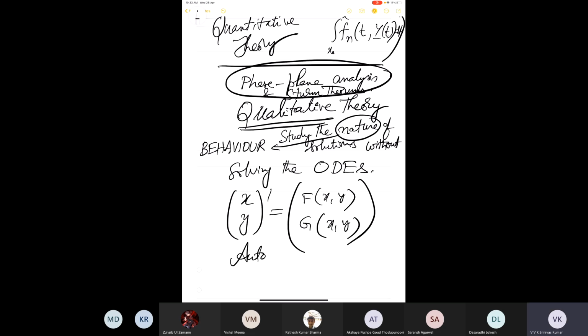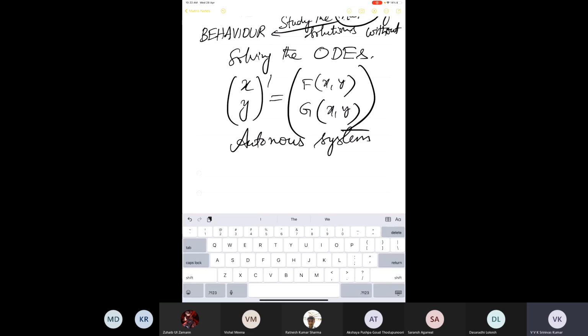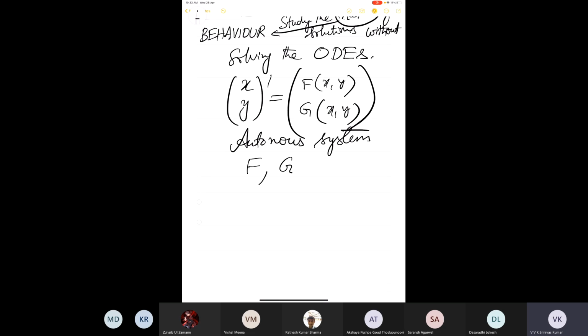This is called an autonomous system, and depending on f and g, the f and g are continuous functions, and also partial derivatives are continuous.